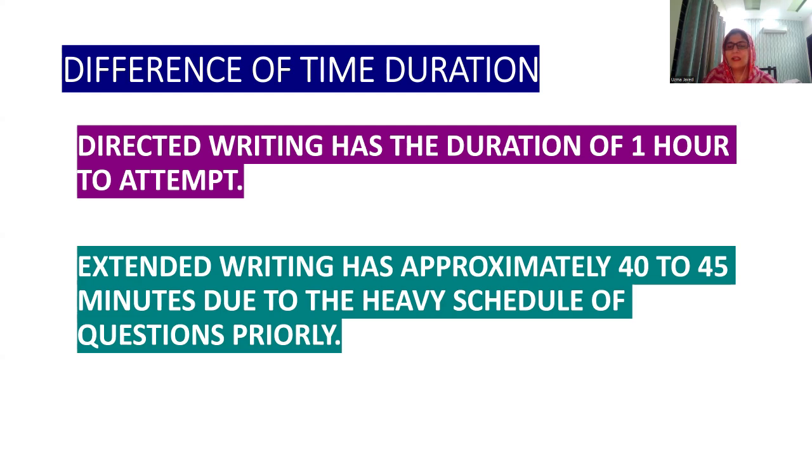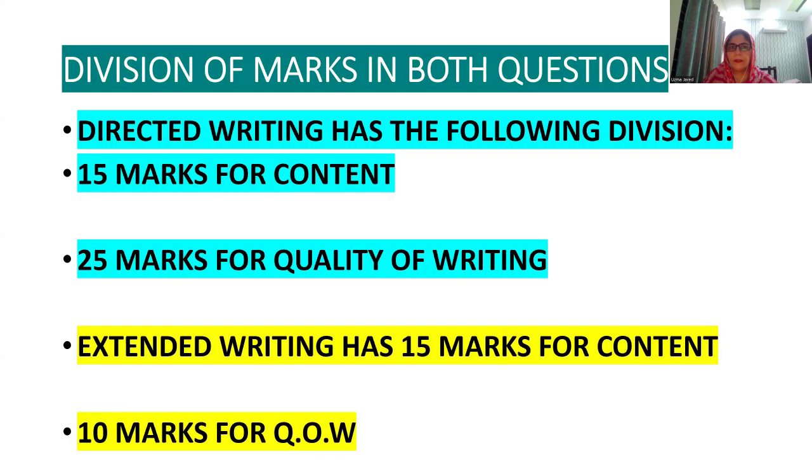But for extended writing, you have very little time. Therefore, the biggest challenge of Paper 1 will be time management, and the most difficult question, which you have to attempt at the end, is extended writing. Therefore, its technique should be very clear, and a lot of rehearsal and practice is required beforehand.